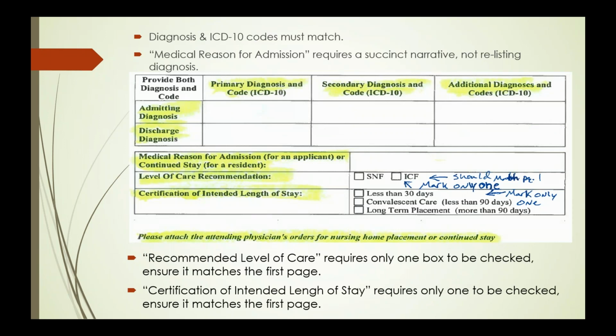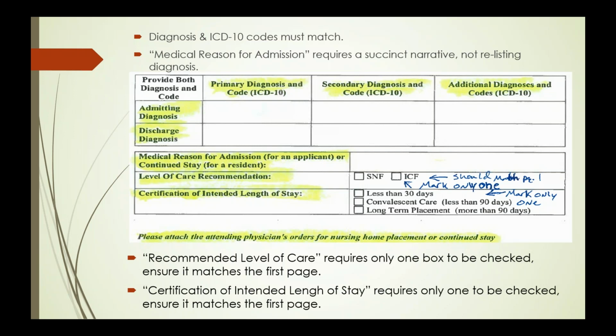Again, please pair off the diagnosis with the ICD-10 codes and make sure that they match. Another reason, and I don't know why, for a lot of kickbacks is the medical reason section is not filled out. Please list the medical reason for admission and not just a diagnosis.